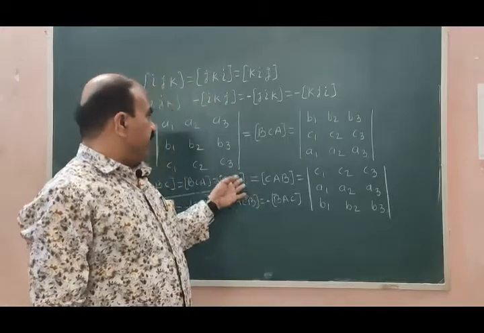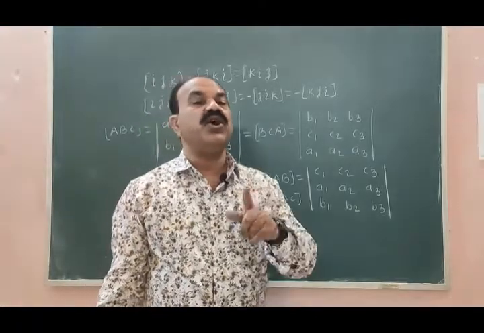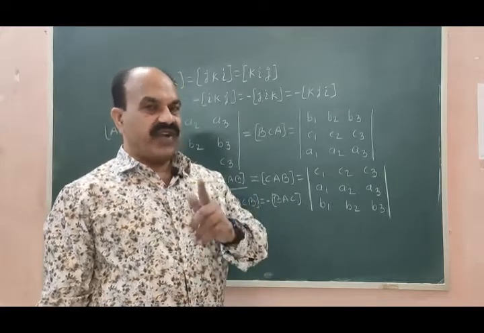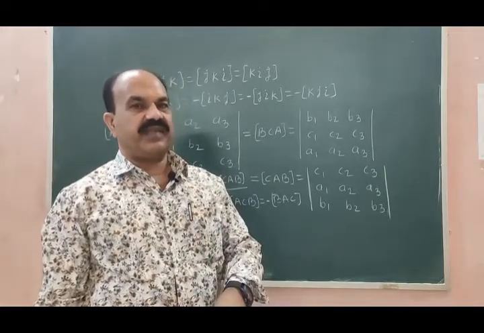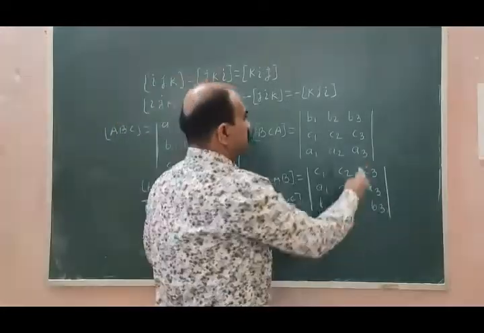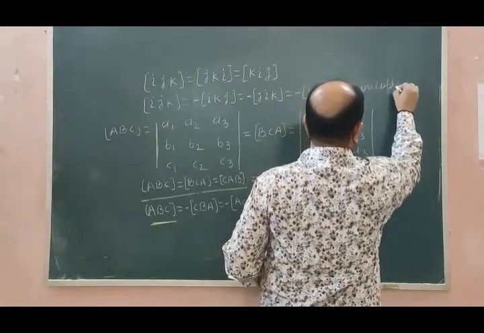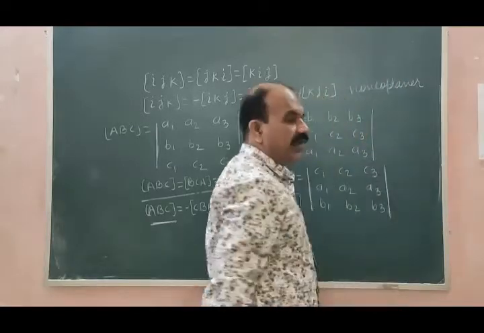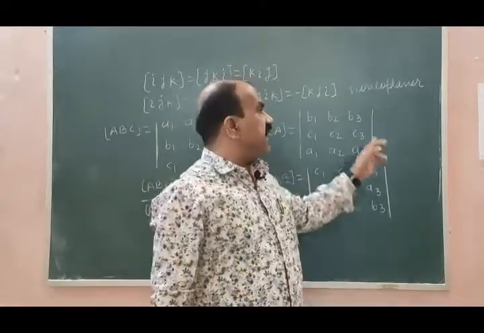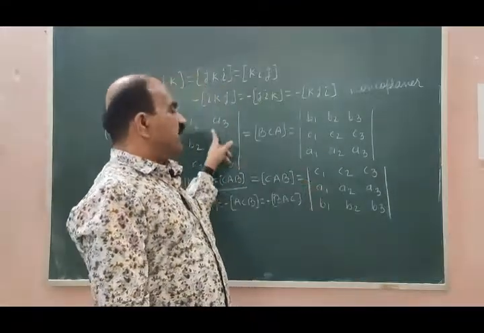The volume we have written here will be non-zero if the concurrent edges vectors A, B, C of the parallelopiped are non-coplanar. Only then is this non-zero.